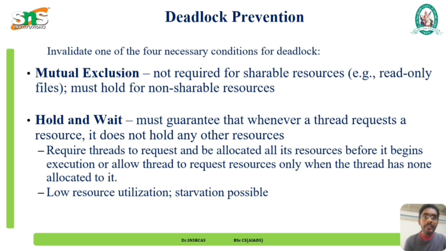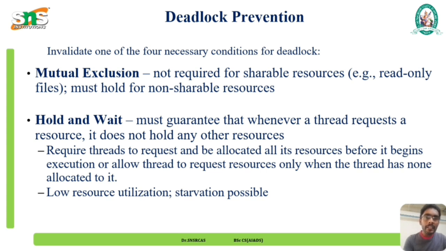And there is the hold and wait mechanism, which must guarantee that whenever a thread requests a resource, it does not hold any other resources. That is, a thread or task should complete its use of the resource it holds and release it, and only then can it request other resources.